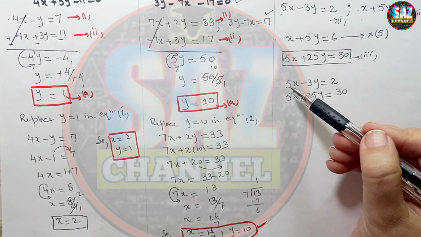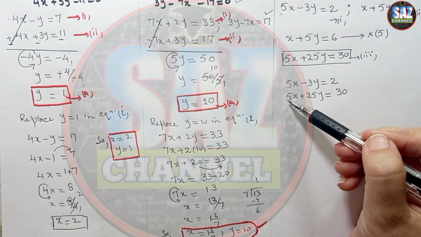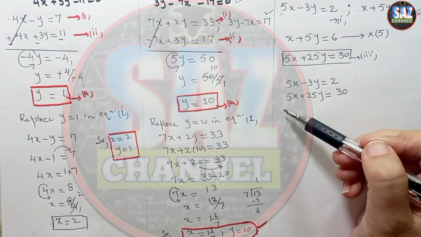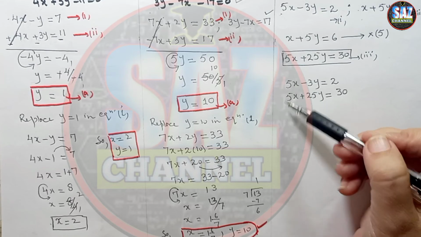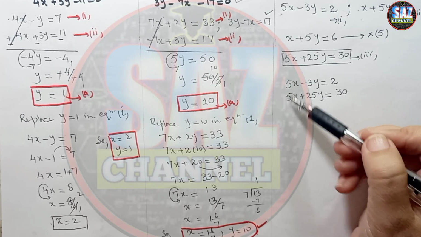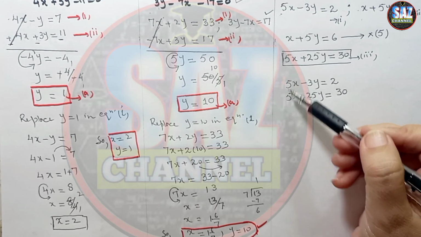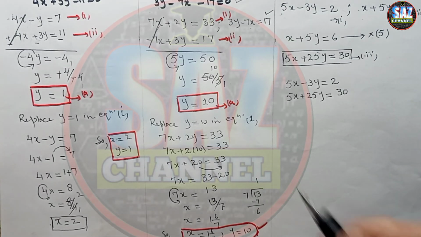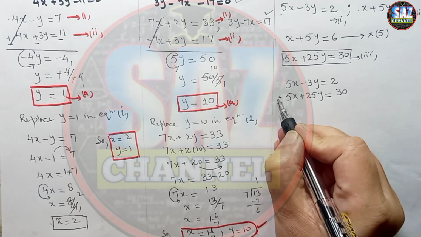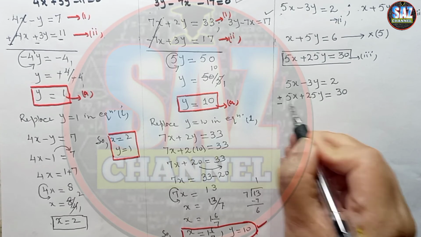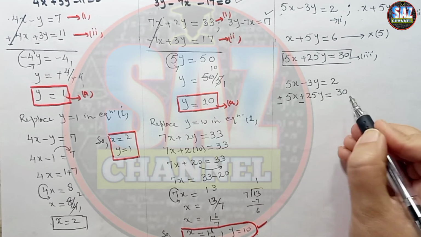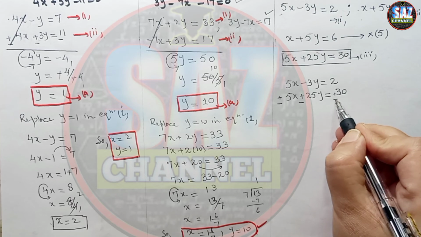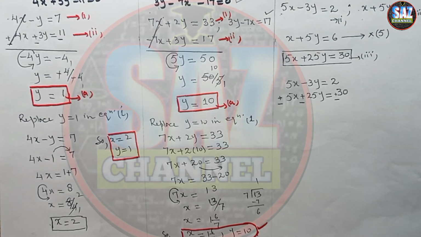Now if you observe the coefficients of x in both the equations, both have coefficient positive 5. So same coefficient, same sign. I have to change the sign of the second equation, or I have to subtract the equations. So this is the change sign, this is the change sign, and 30 has a positive sign. Let me draw the line here.